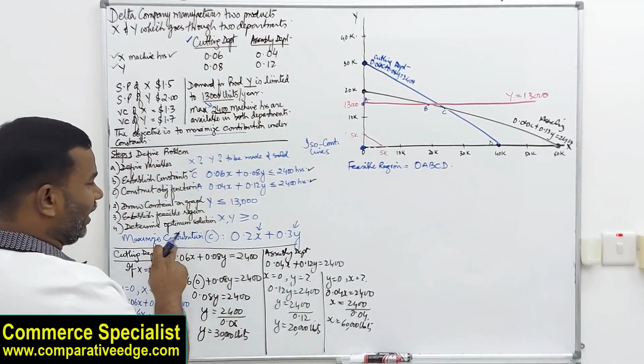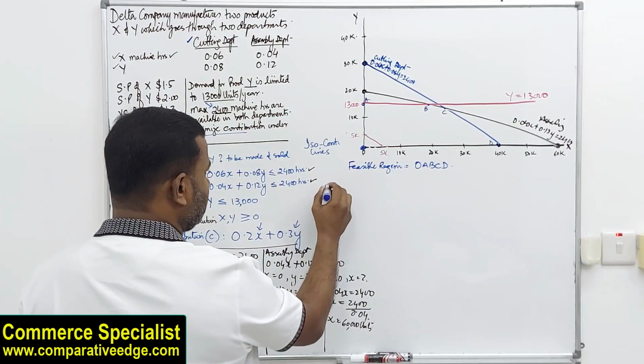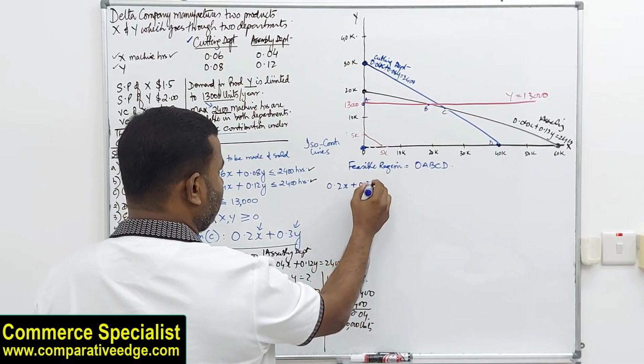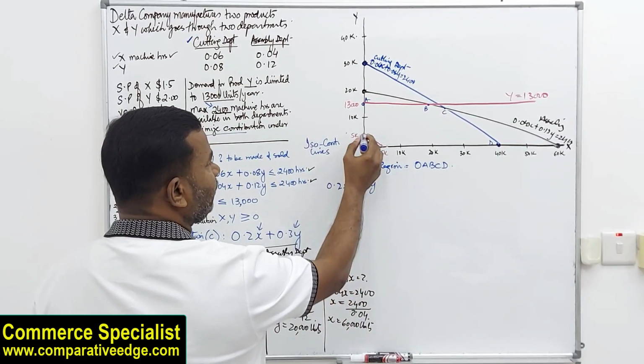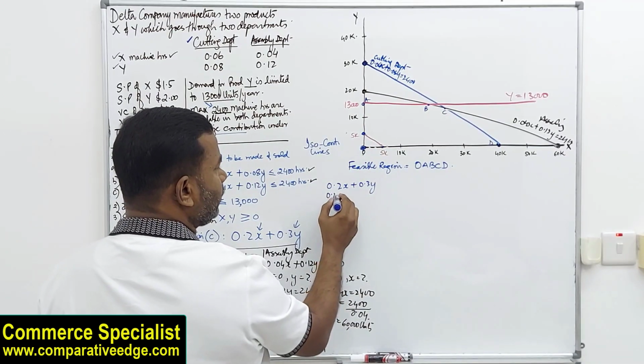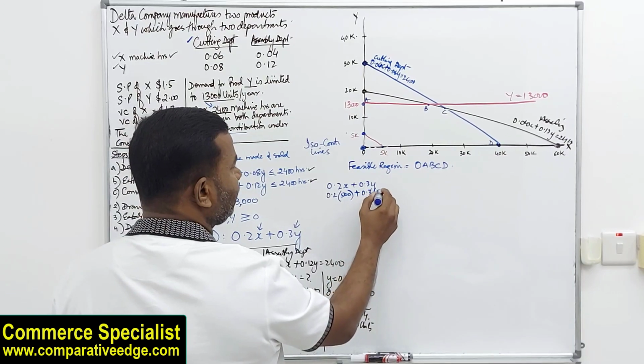See, this is my maximum, this is my objective function. So I'm talking about 0.2 X plus 0.3 Y. So I'm assuming 5,000 units of X and 5,000 units of Y. So 0.2 into 5,000 plus 0.3 into 5,000.